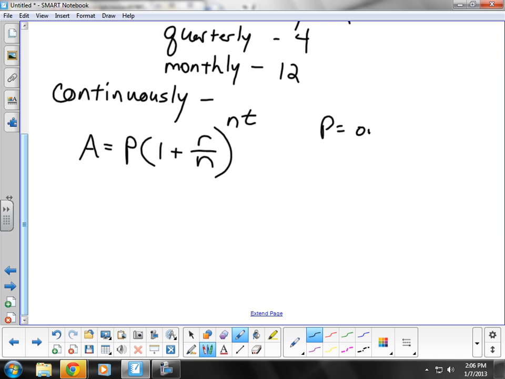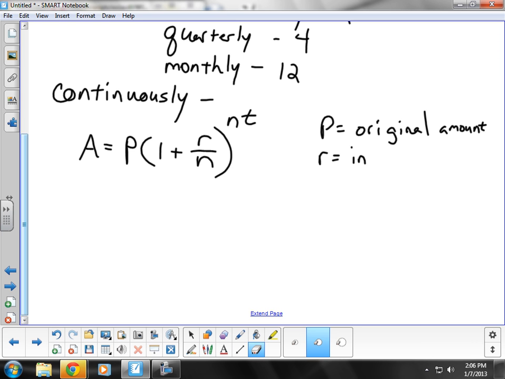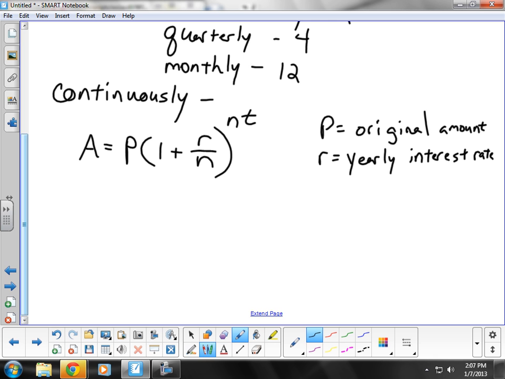P is the original amount. That's a number 1. R is the interest rate, and it is the yearly interest rate, in decimal form.